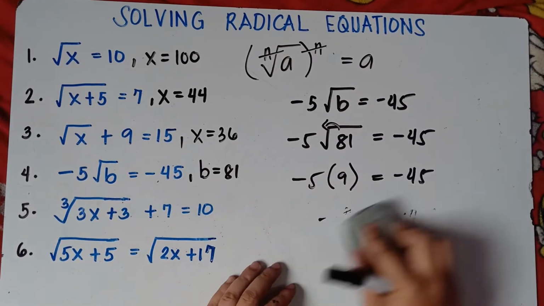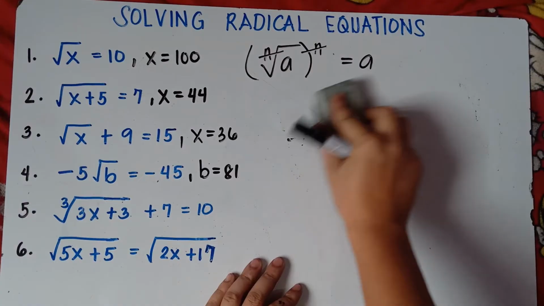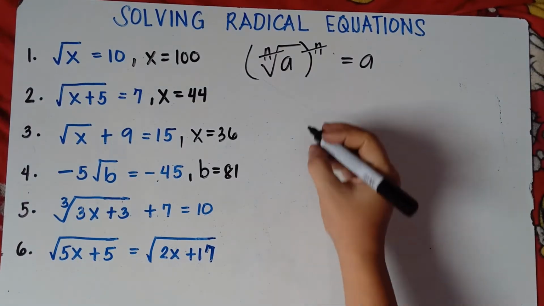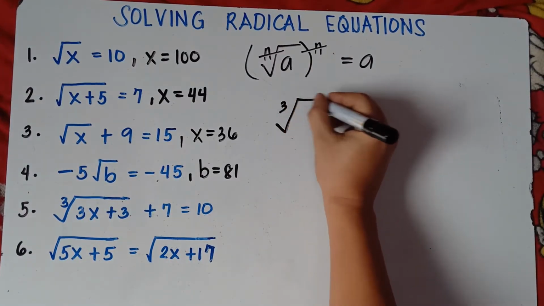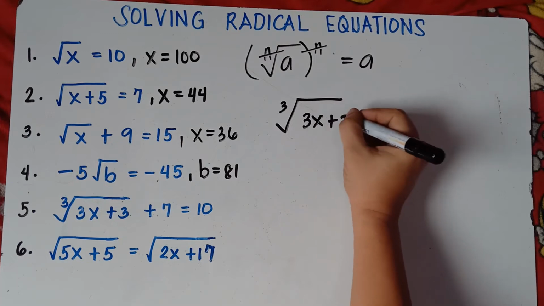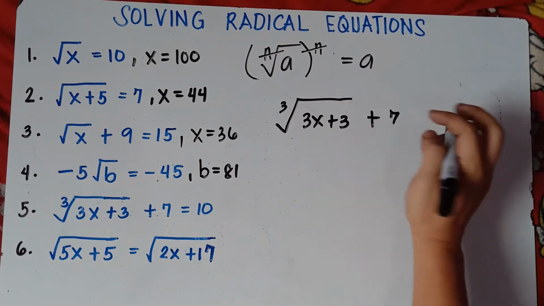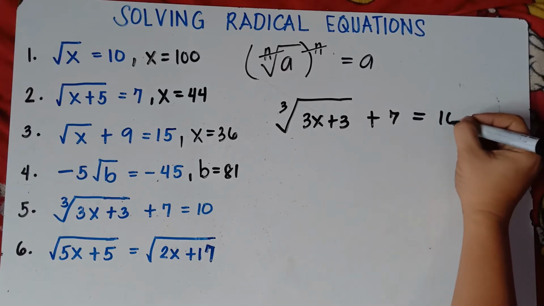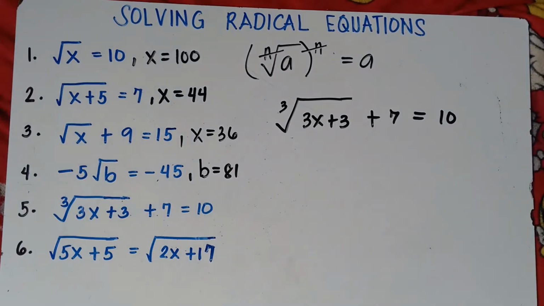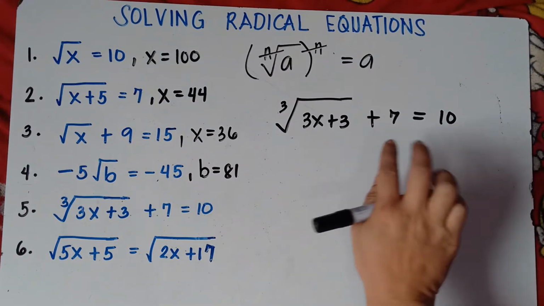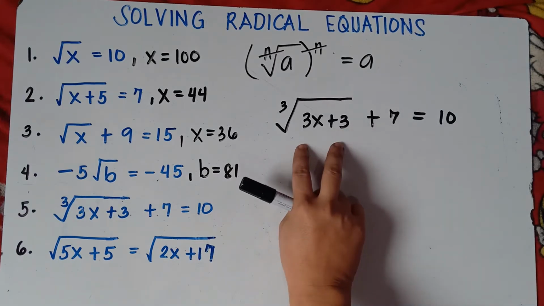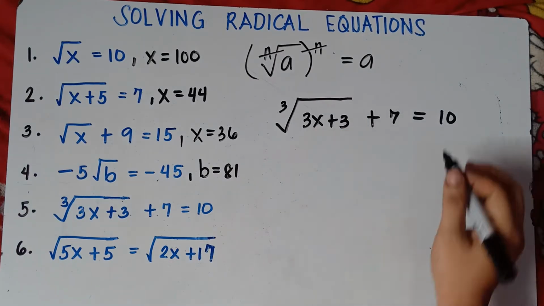Alright, so let's try number 5. Easy, right, for this one? So we have the cube root of 3x plus 3, plus 7 equals 10. Once again, you need to transpose 7 from left to right so that the remaining equation will be the cube root of 3x plus 3.